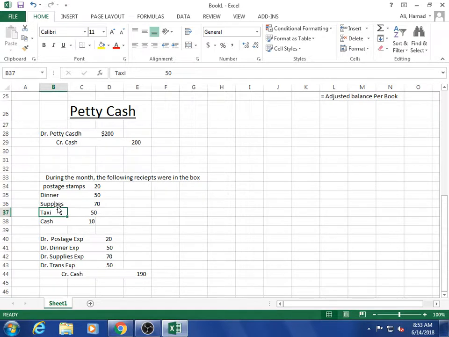Let's assume the taxi is $61 instead of 50.